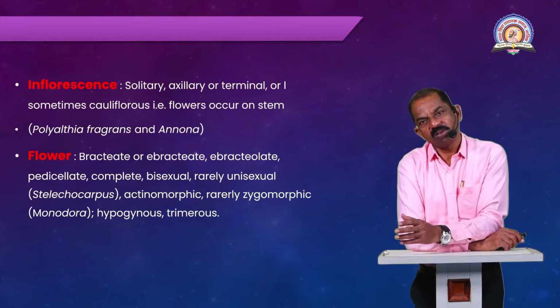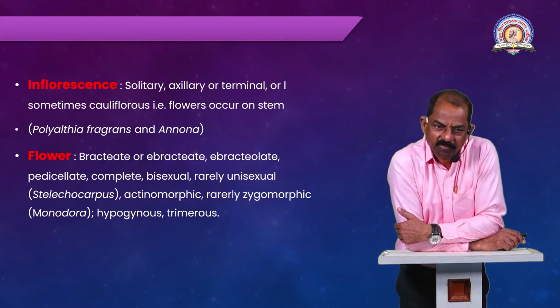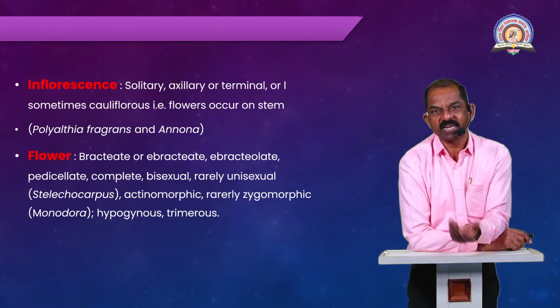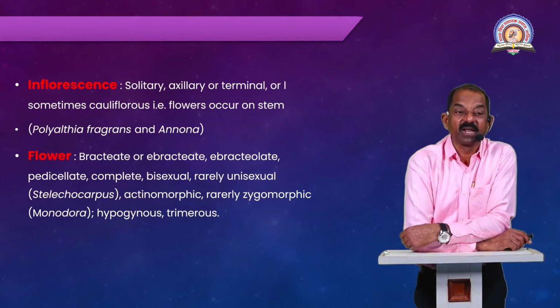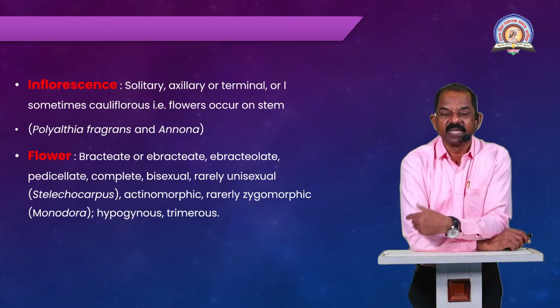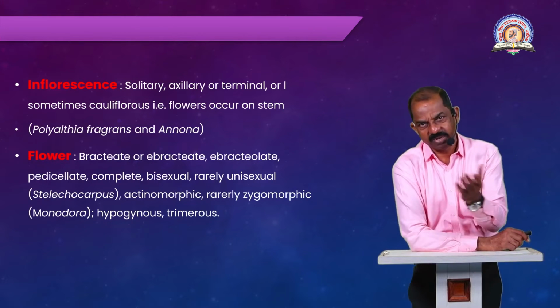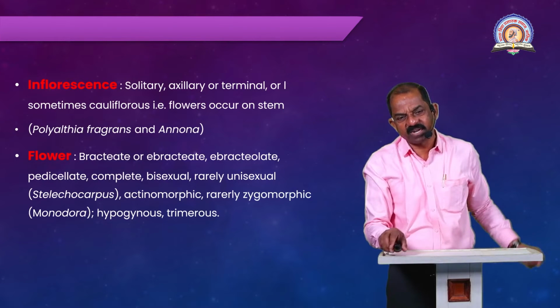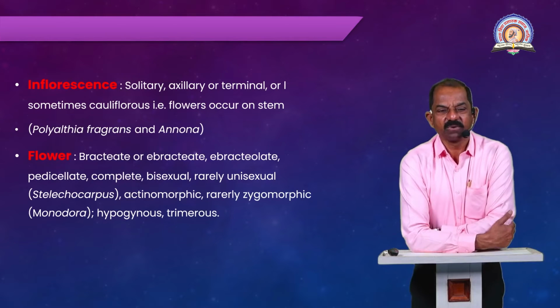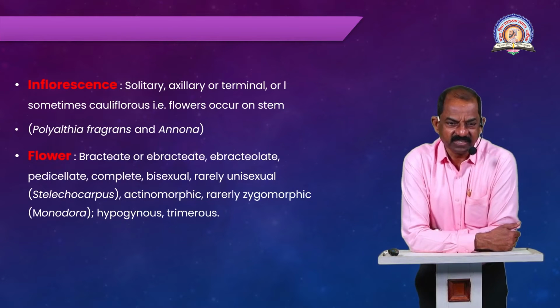Complete flower, all the floral whorls are present. Bisexual, male and female parts are present, like the androecium and gynoecium. Rarely, in some cases, like Stelechocarpus, there is the unisexual flower, meaning male flowers are different, female flowers are different.